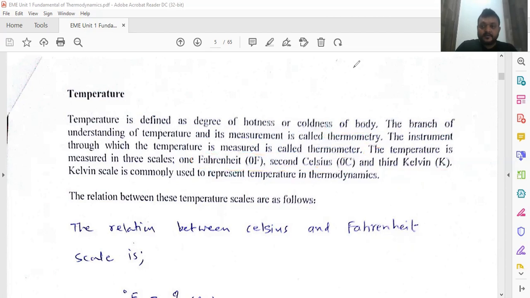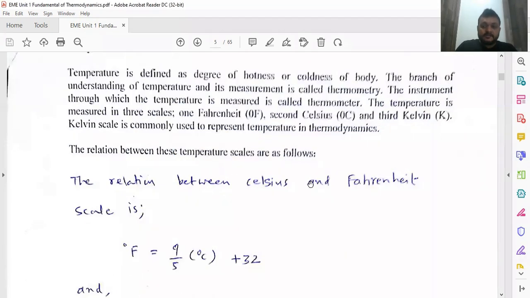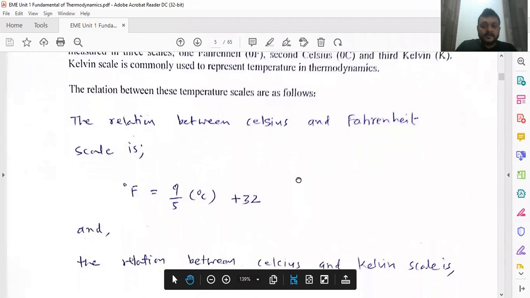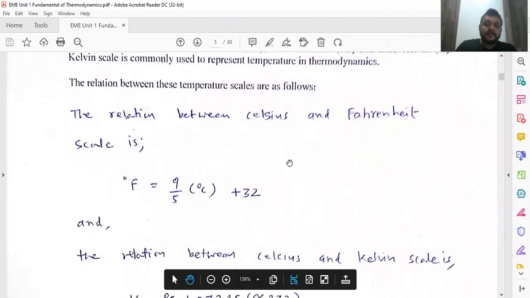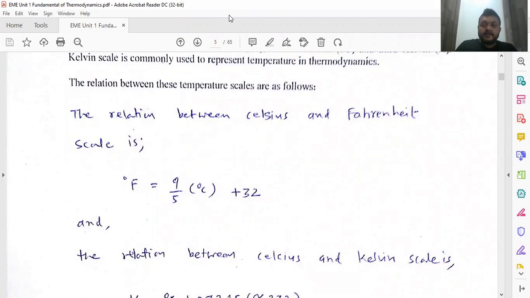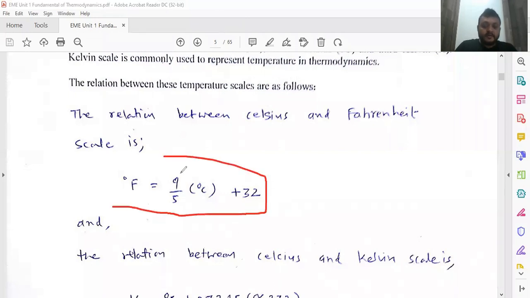Here you have to see the relation between Celsius and Fahrenheit. Suppose you have to calculate the Fahrenheit from degrees centigrade, then you use this equation: degree Fahrenheit is equal to 9 by 5 times the degree centigrade, plus 32.